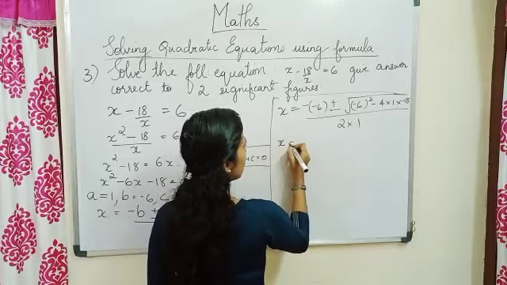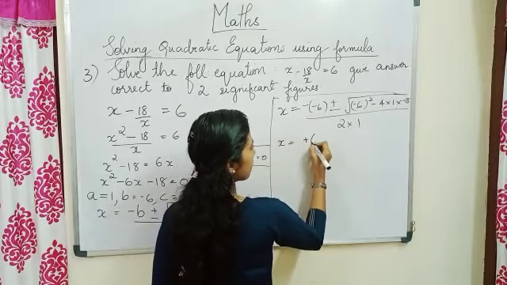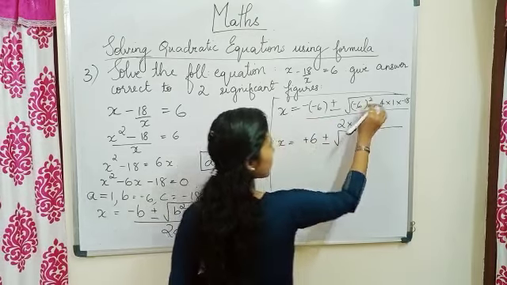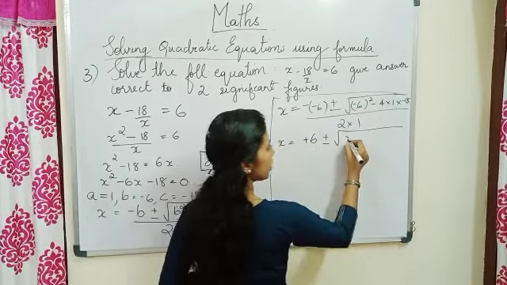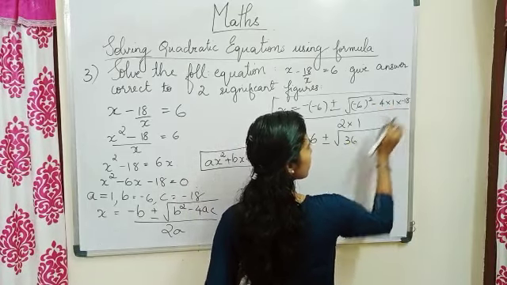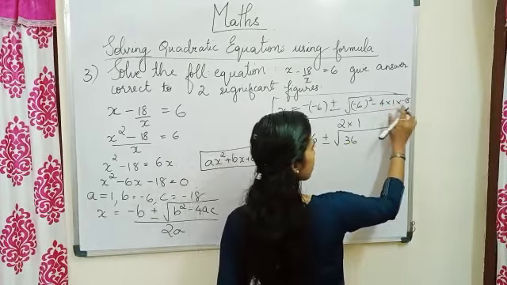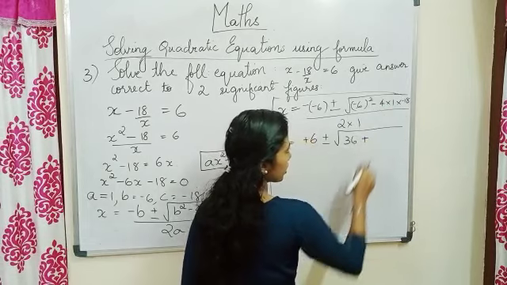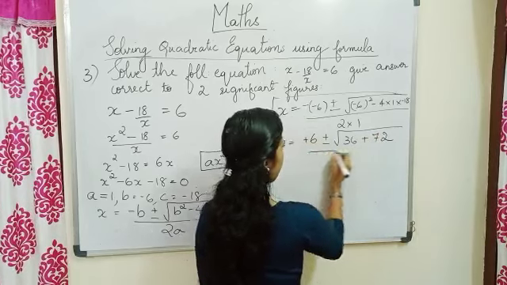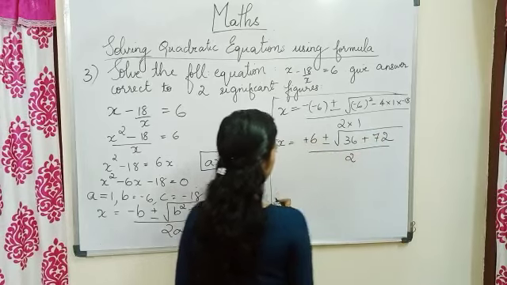Then x is equal to minus of minus is plus 6 plus or minus root of minus 6 the whole square is 36, minus 4 into 1 into minus 18. That is, minus and minus will become plus. Then 4 into 18 is 72, divided by 2 into 1 which is 2.